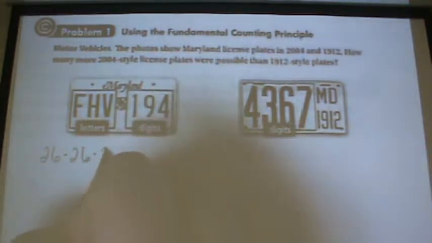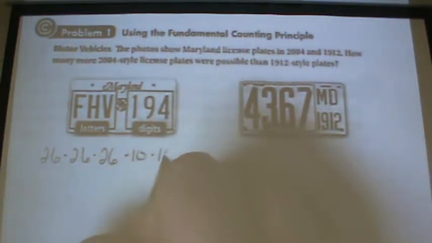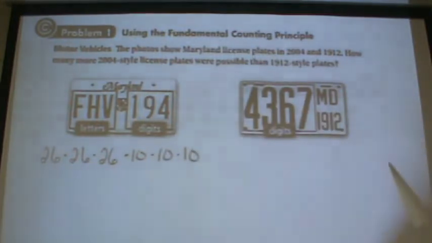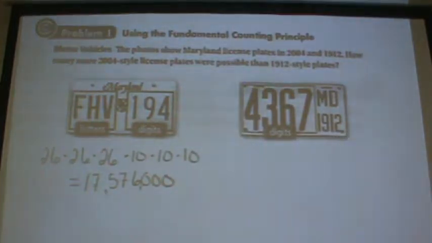So like we did just a second ago, you've got 3 letter choices, and then you have 3 number choices. Multiply that out. You get 17,576,000.